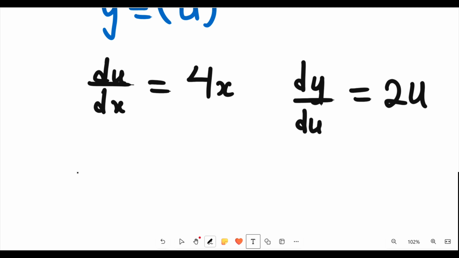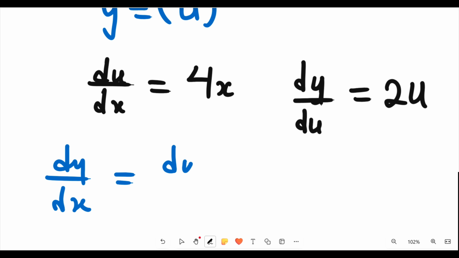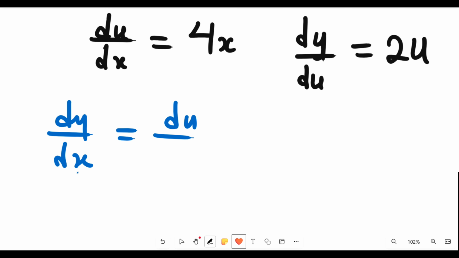So our dy dx is equal to du dx times dy du.